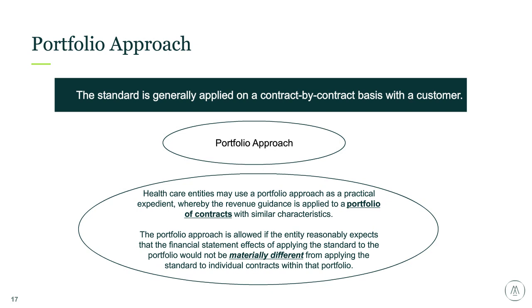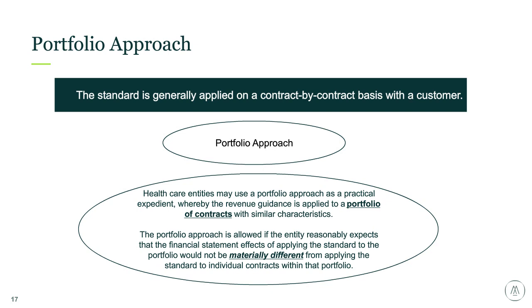So fortunately, FASB has provided a practical expedient portfolio approach. Healthcare entities may use a portfolio approach as that practical expedient whereby the revenue guidance is applied to a portfolio of contracts with similar characteristics.